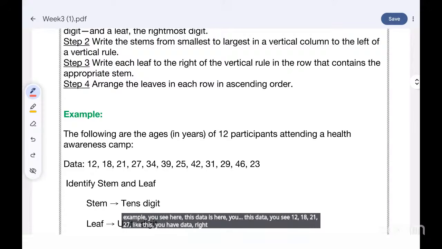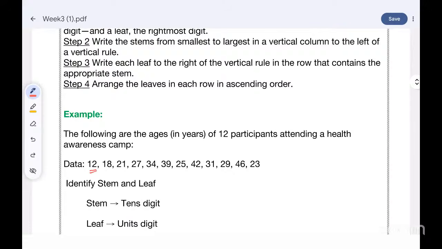So in this case, what is the rightmost value for 12? 2 is the rightmost value, and hence this is your leaf. And the other value, 1, will be your stem.